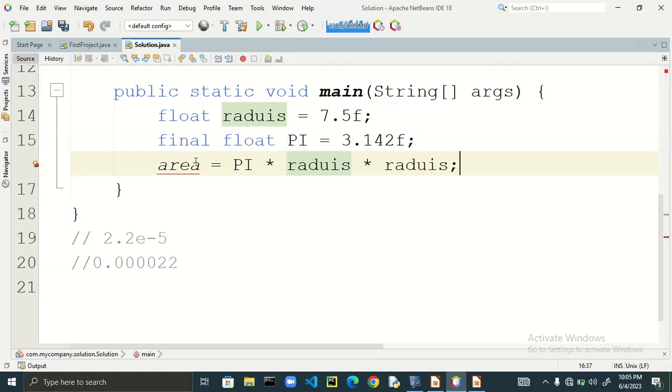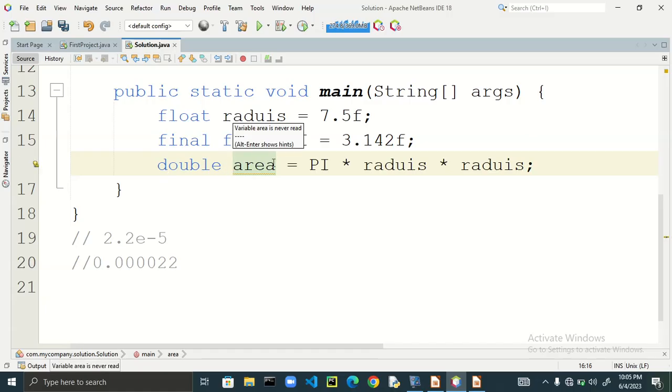Now the area is showing us a red line because Java doesn't know if the area is going to be a float or an int. So I would use double here because I am sure the number might have plenty of decimal places, and in case the number grows to be more than 7 decimal places, I would still be in safer hands.